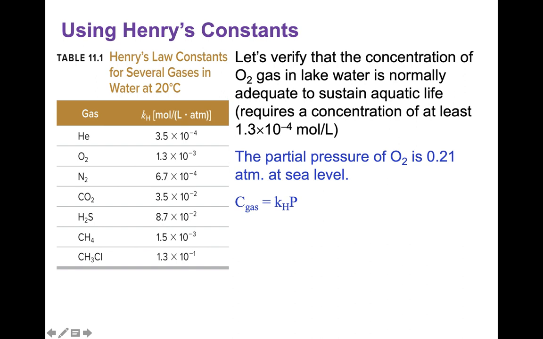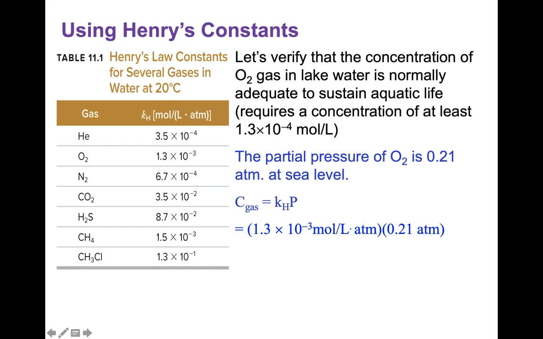Here in this table from the textbook, we've got Henry's Law constants for several gases in water at 20 degrees. We see that it varies depending on the gas. It also depends on the temperature of the solvent and which solvent it's being dissolved in. So we've got water at 20 degrees, and that's what we're going to use.